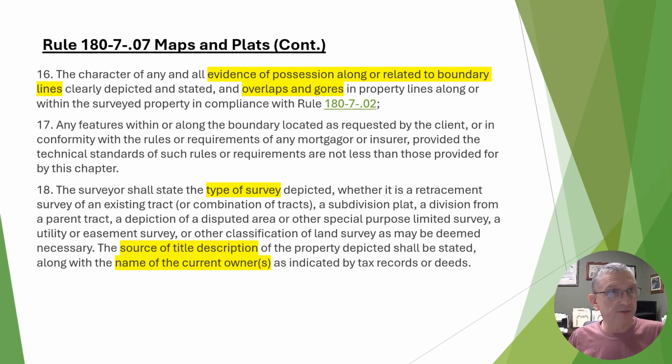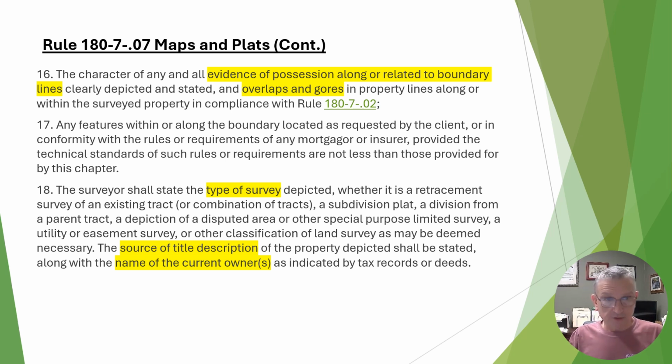If there's fences, if there's a big mow line, if there's a rock wall along a property line, you need to show it. Clearly depicted and stated, and any gores or overlaps in compliance with 180-7-.02. So you can't just say, yeah, there's a problem with that line and just gloss over it and act like it never happened. It has to be depicted. Any of the features that the client requests.